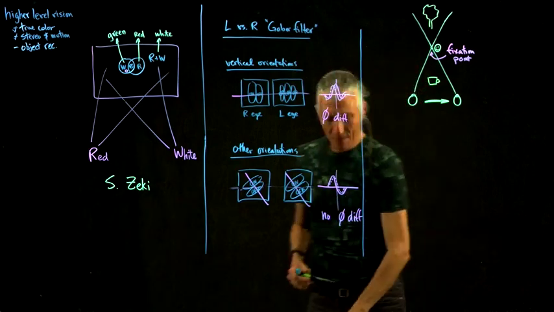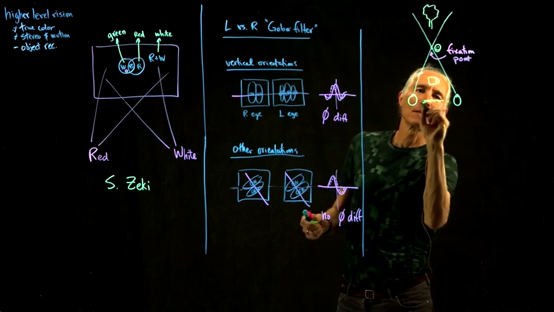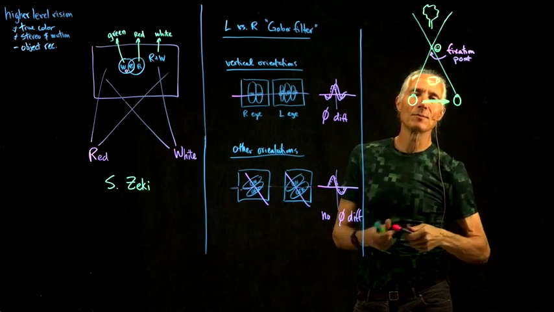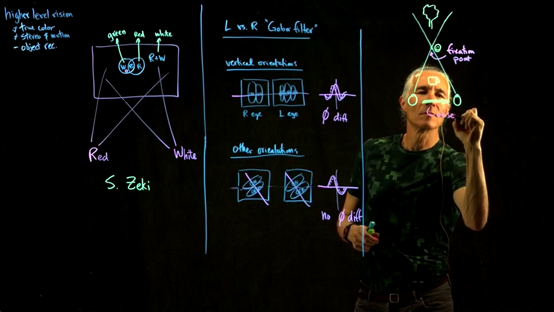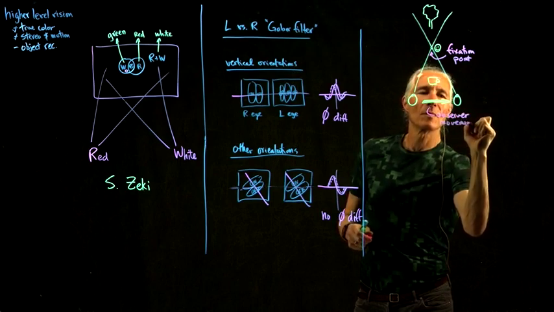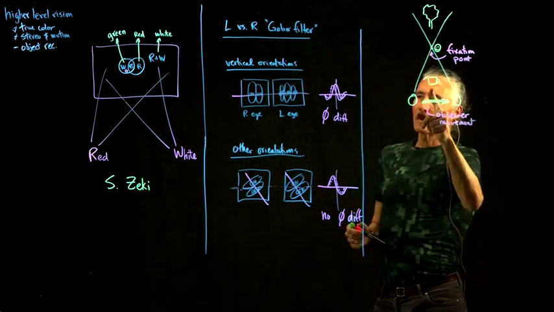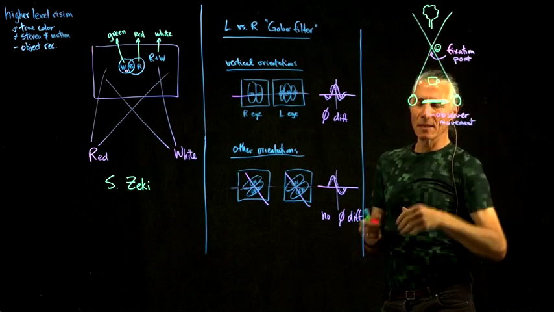Let me label this: this is observer movement. If the observer moves that way, and the cup and all these other things are stationary, we assume everything is stationary.